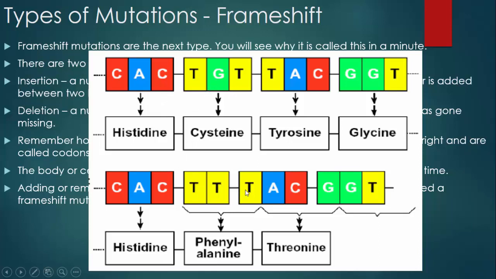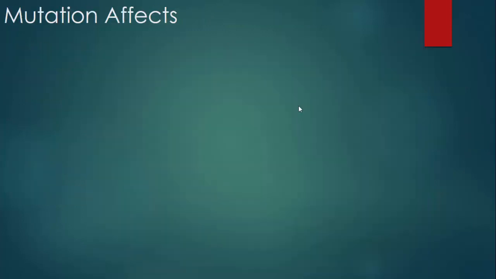Instead, we have TTT, and we see that this codes for 2 different amino acids. But it's not just that one codon, it's going to mess up the next one because my next 3 letters are ACG when they should be TAC. We see this right here codes for something different as well, and on it goes. So that's why it's called frameshift. It throws off the whole reading, 3 codons at a time from left to right.